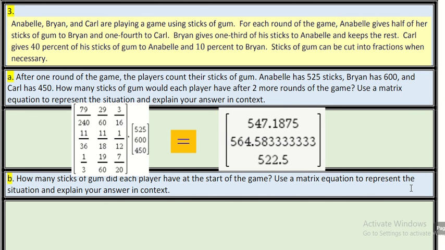So the next question says, if we want to go backwards, how much gum did they have in the very beginning?